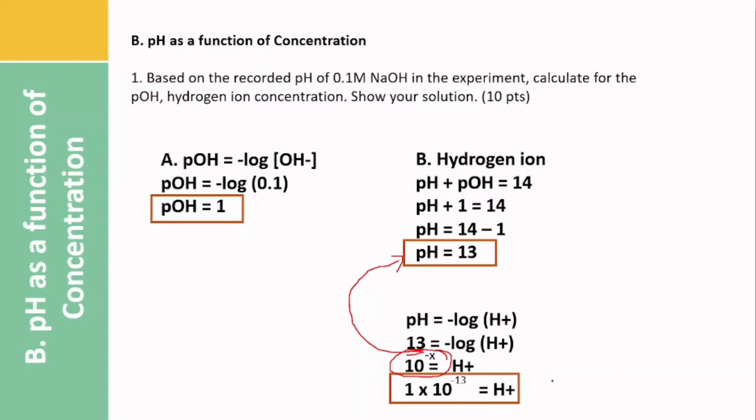So, we will come up with the result of 1 times 10 to the power of negative 13 equals your hydrogen ion. So, kung gagamitin natin yung anti-log sa ating calculator, magka-come up tayo sa ganitong result. Okay, kindly check kung same tayo ng answer.